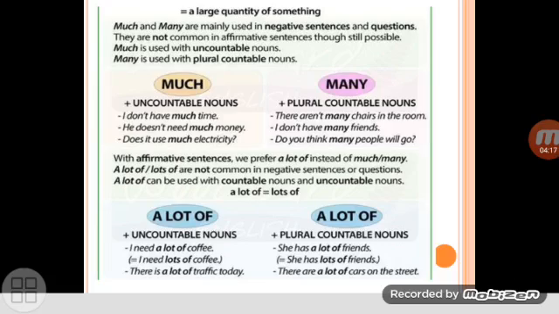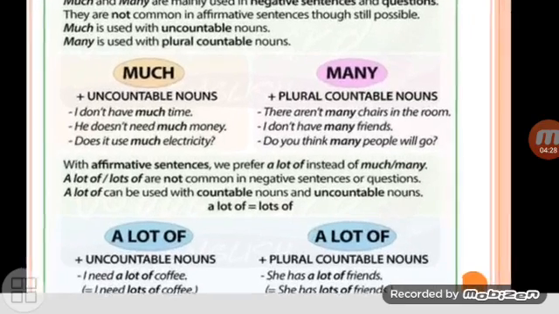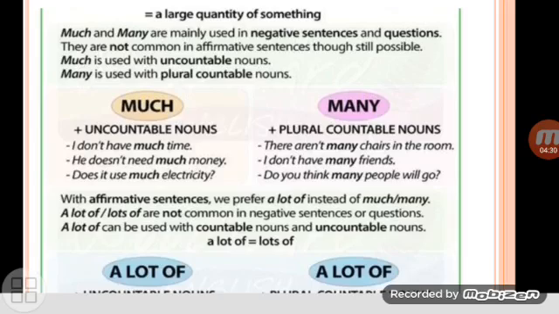Many, much, a lot of, lots of are used for a large quantity of something. Much and many are mainly used in negative sentences and questions. They are not common in affirmative sentences, though still possible.